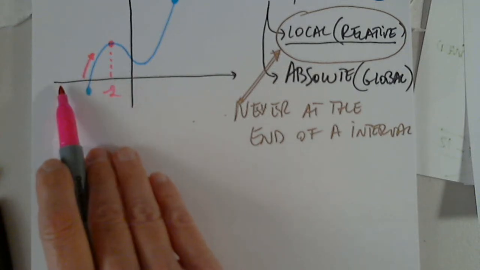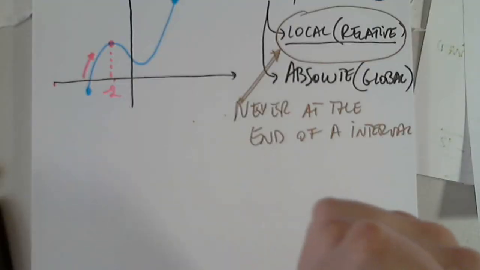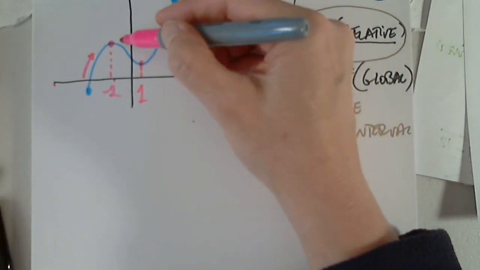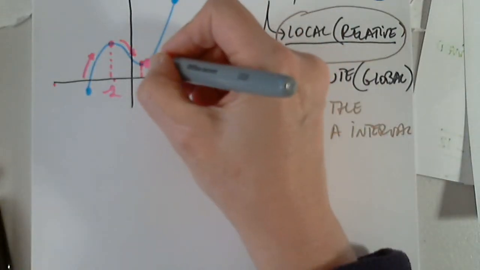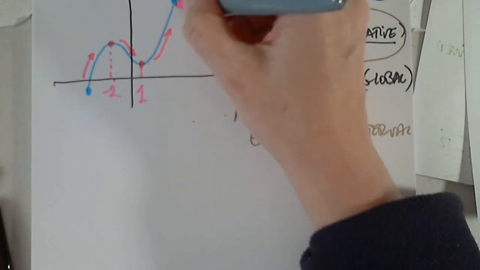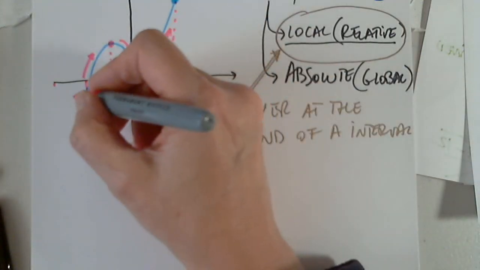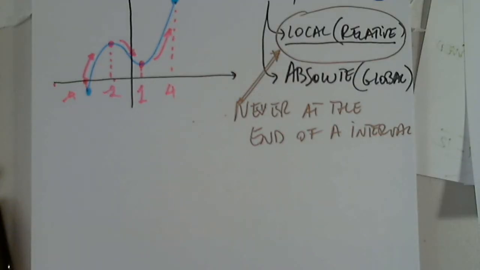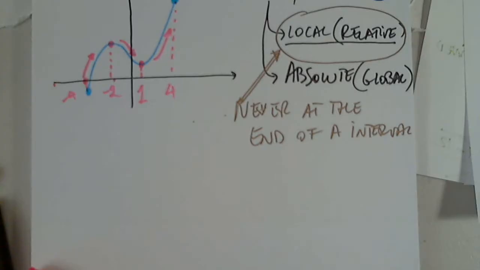Between negative infinity and -2 for x, the function is increasing. Then it's decreasing between -2 and 1. And then it's increasing between x equals 1 and x equals 4.